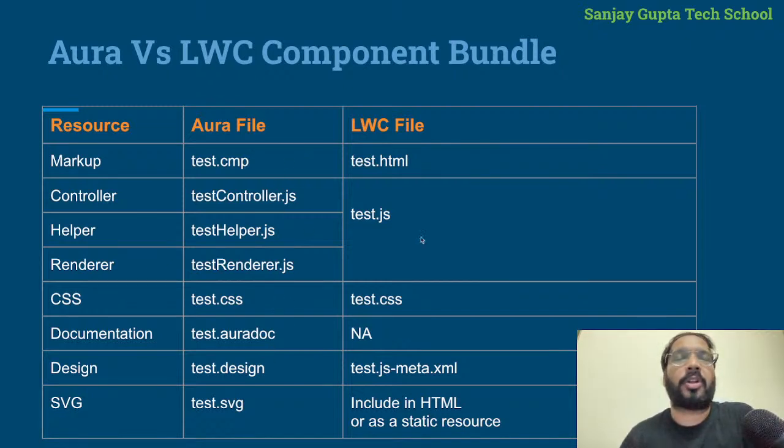But in Lightning Web Component, we majorly have 3 files: HTML, JavaScript, and CSS. And we will have a 4th one as well, which is responsible for deciding the targets. If you have created any component and want to place it anywhere in the org, you just need to decide the target. For that, we have this meta.xml file.